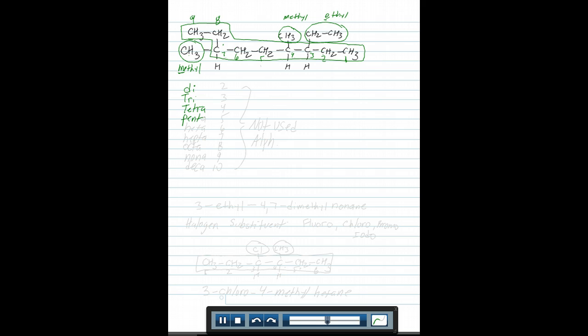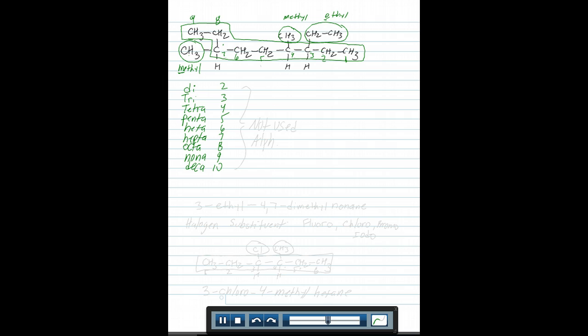5 is penta. 6 is hexa. Hepta. Octa. Nona. And deca for 10. Alright, you kind of have to memorize these.